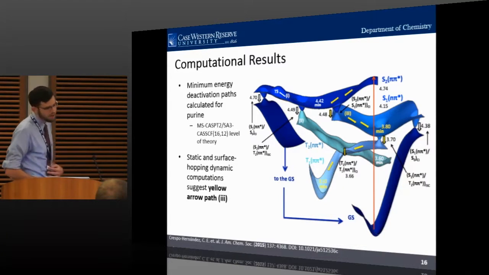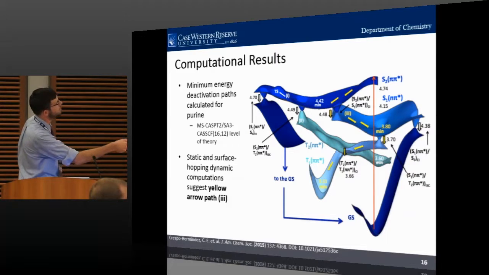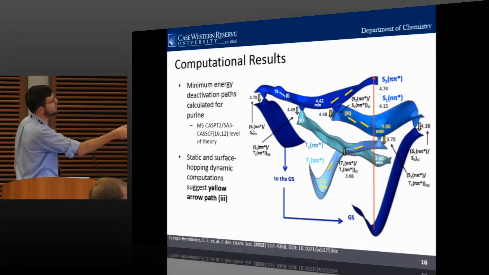So this is a pretty complex graphic, but if in the ground state we excite with a UV photon up to the S2 excited state, then the computations and the dynamic modeling predict that the most likely relaxation pathway is followed by these yellow arrows.